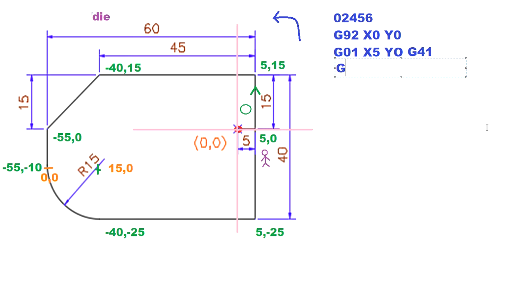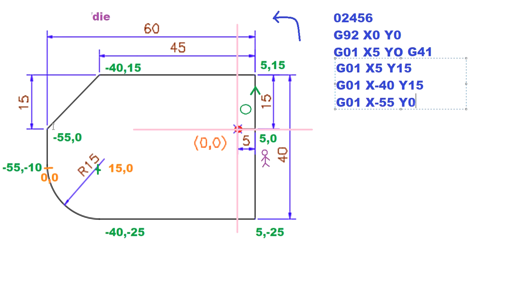Linear interpolation G01 X5 Y15 here, and then from this point to this point is G01 X minus 40 Y15. From this point to this point, still using linear interpolation G01 X minus 55 Y0.